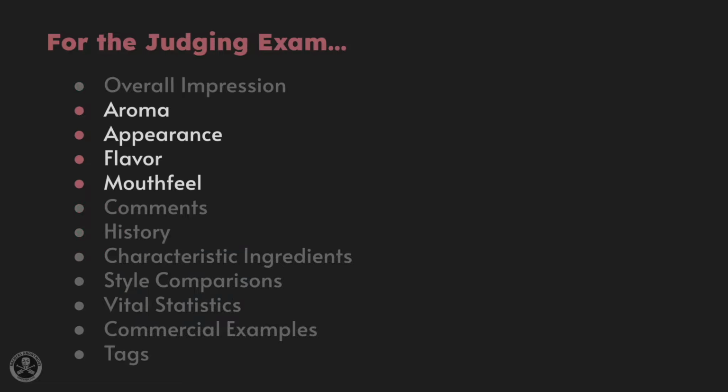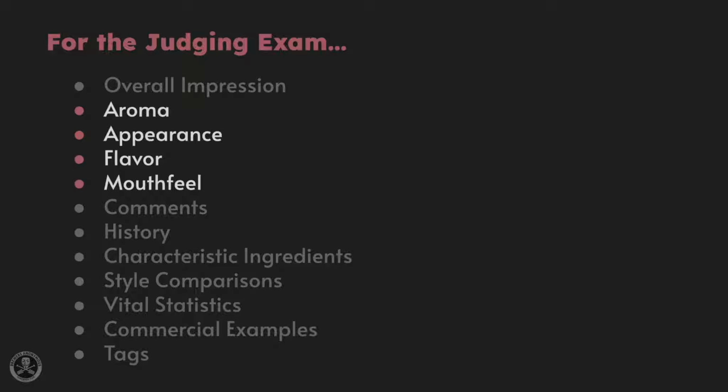Now for the judging exam, far less to remember. We're really focusing on aroma, appearance, flavor, and mouthfeel. Now you might be wondering, why is overall impression not highlighted in this when it is a section of the score sheet? This is a different overall impression. The overall impression in the guidelines is kind of the bird's eye view. We're going to start here and work our way down, a description of the beer.